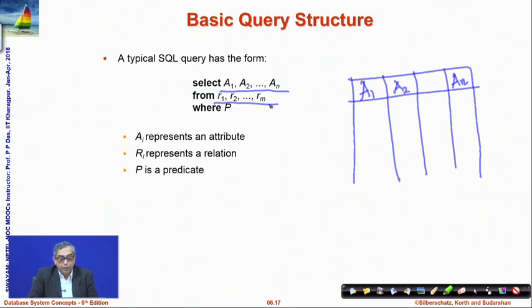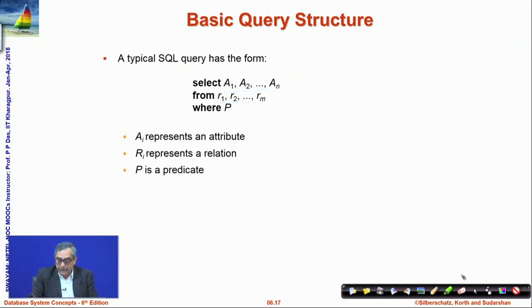So, R1, R2, Rm represent different relations, and these are the relations which will be used to extract the information. Finally, the where clause has a predicate, a condition which specifies what has to be satisfied, so that certain tuples from the relations R1 to Rm will be chosen and put in this new result table in terms of the attributes A1 to An.